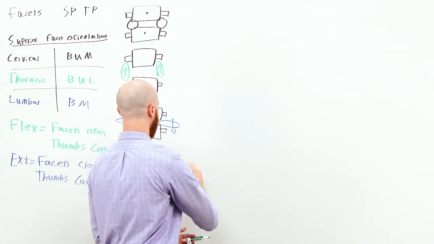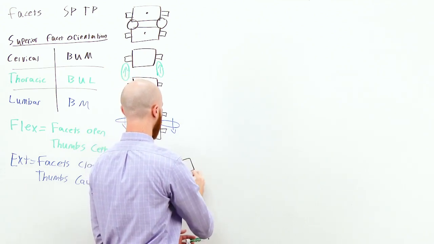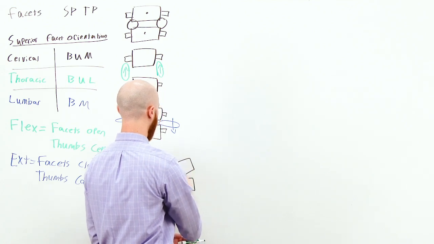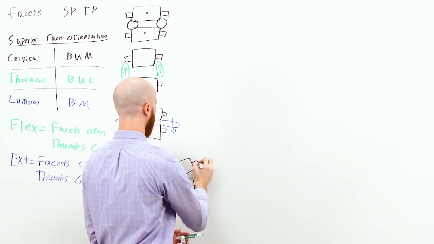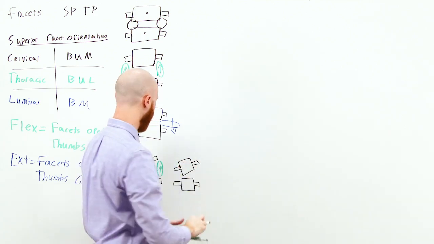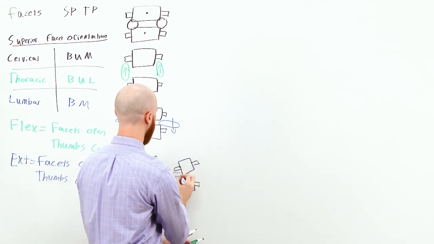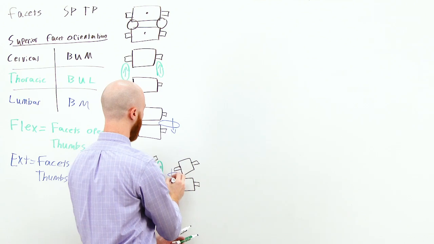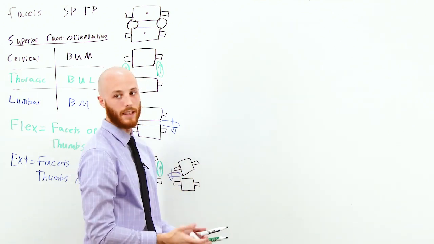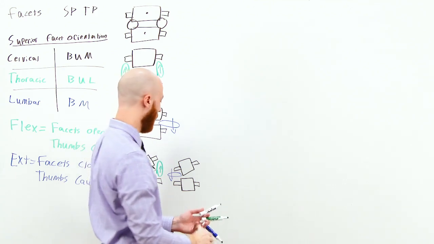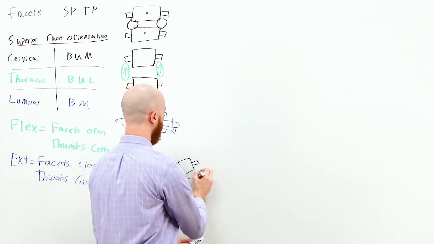Now during extension, it's going to be a little backwards. So you ask the patient to extend back. On the left side, the joint space squishes closed and your thumb still goes down towards the feet like normal. But on the right side, nothing happens.